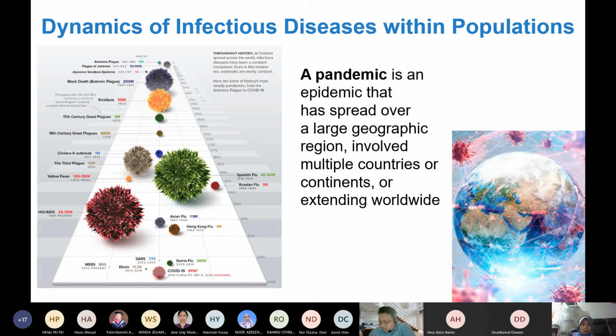But looking backwards, not forgetting HIV. Look at the number of fatality, very big because dah lama, more than 30 years already. So ni, Black Death ni. So these are all pandemics, which spread over a large geographic region, involve multiple countries.